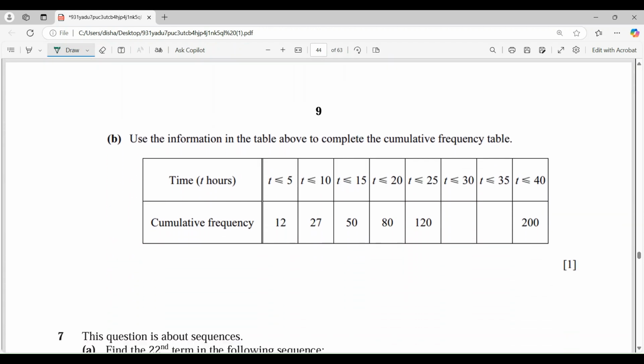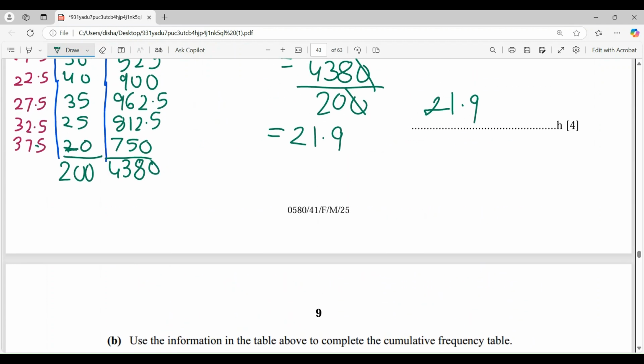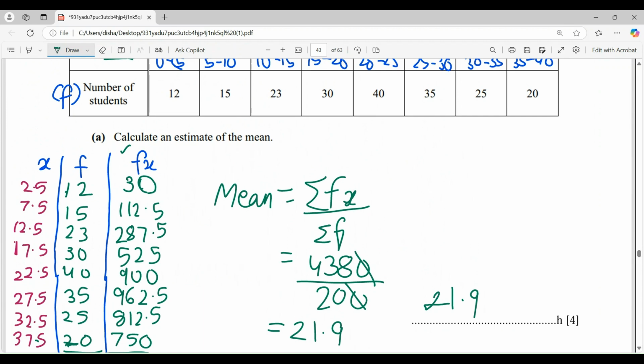Next, using the information above, complete the cumulative frequency table. How to do cumulative frequency table? First, write your frequencies.